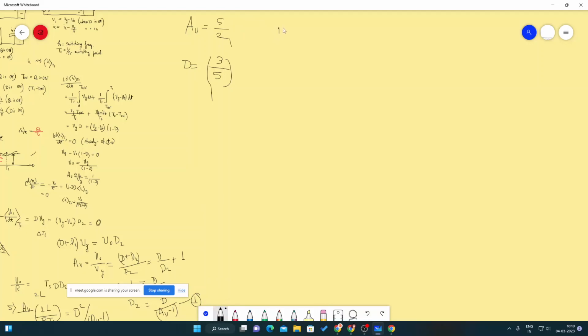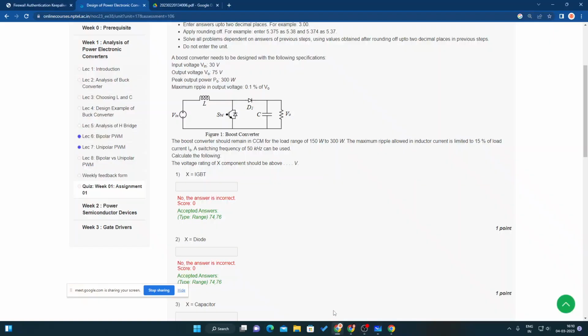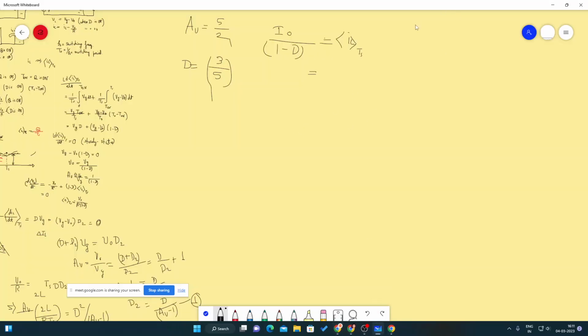Yeah, I out by 1 minus D is equal to the average inductor current. Now how much was I out? Power is given 300 watt and output voltage is given to be 75 volts.